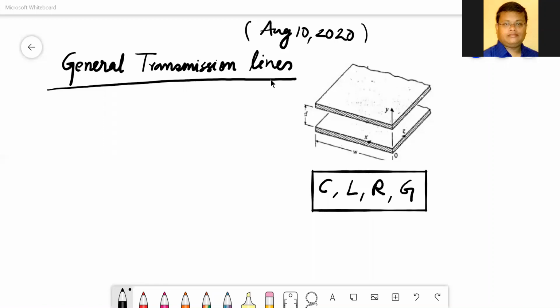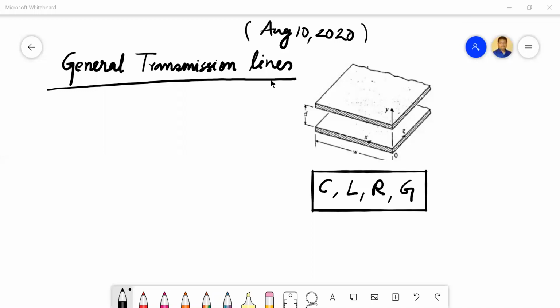Now, as I told you, in daily life we come across different kinds of transmission lines. Like I showed you in our first class, coaxial lines are there, two-wire lines are there. So these are the different kinds of transmission lines, and one very important thing you studied in electromagnetics, which is a waveguide, is also a kind of transmission line.